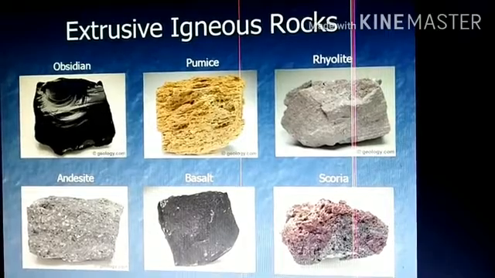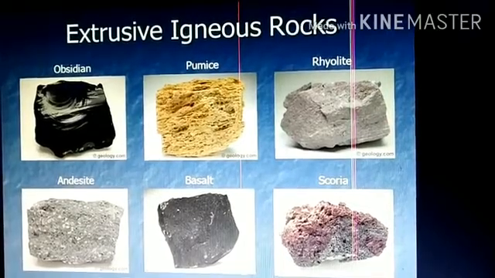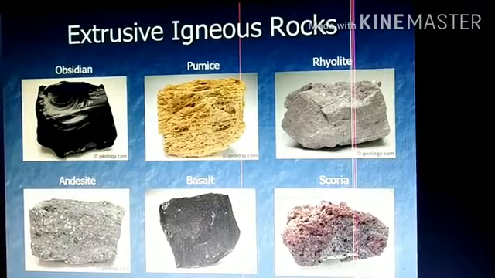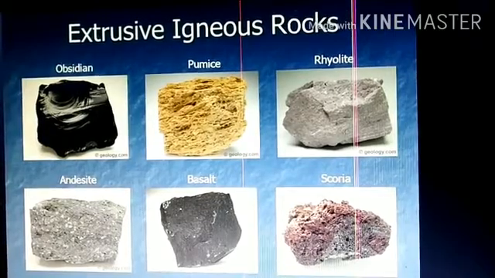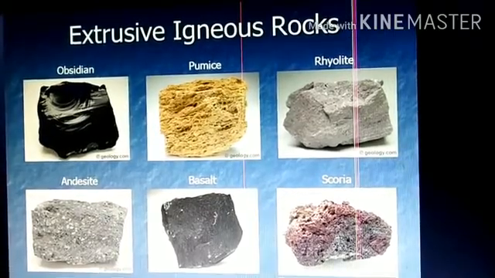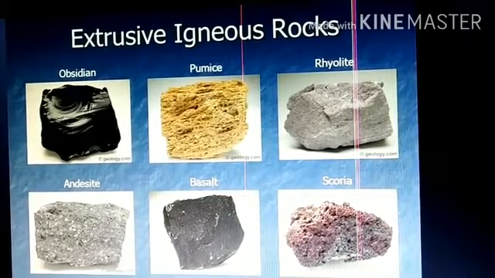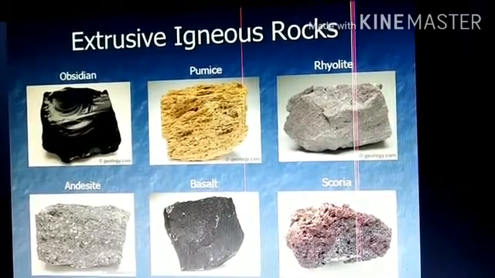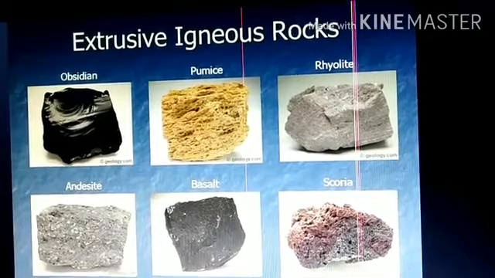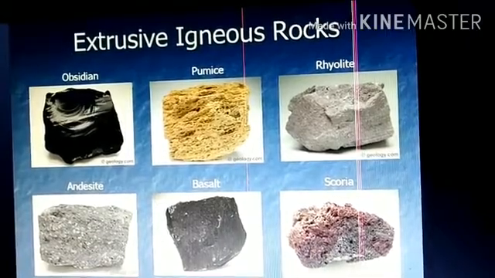Obsidian, pumice, rhyolite, andesite, basalt, and scoria. These are the various examples of extrusive igneous rocks. Let's point out the main features of extrusive igneous rocks.